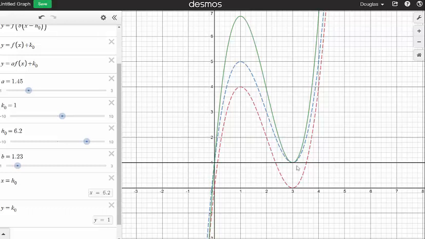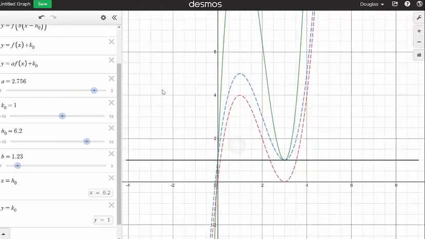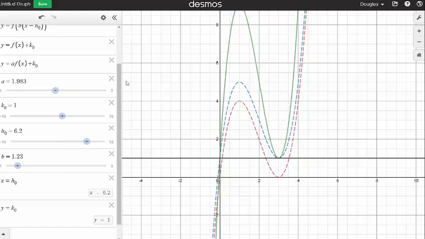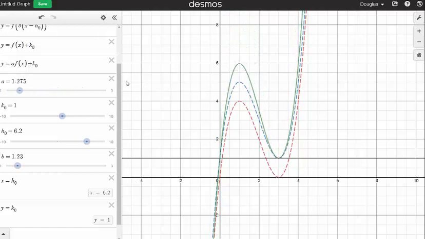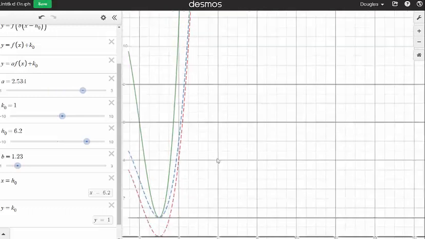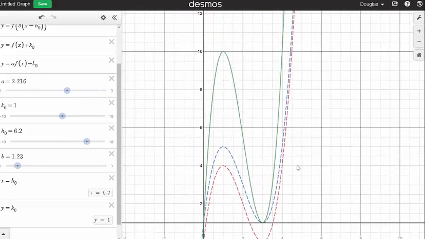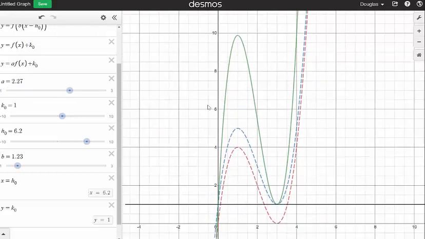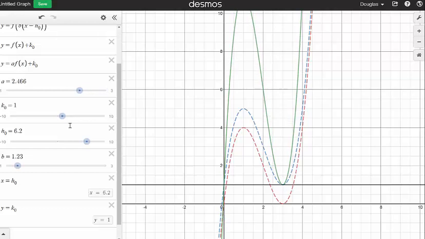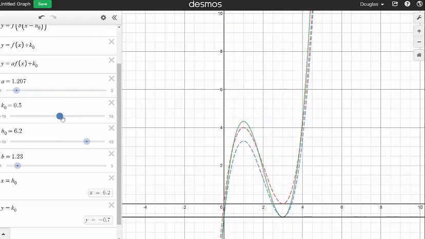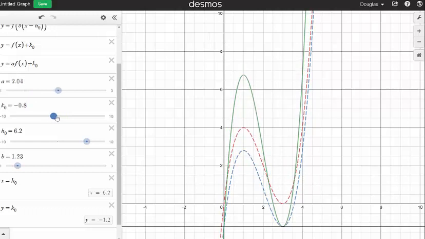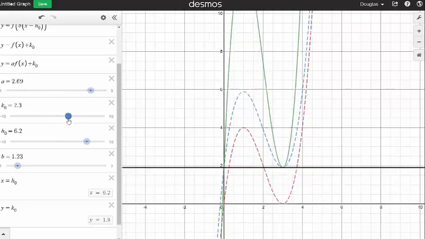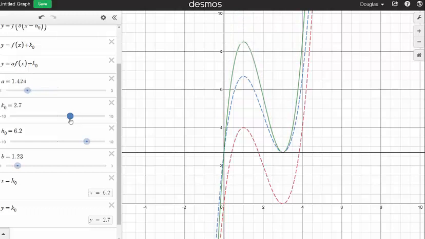It's being stretched based off of this new axis we've created for it. No matter what happens, it's always going off of that axis. Note I've restricted a to be between 1 and 3, but we didn't have to do that. That was just for aesthetics. And as we move k along, it doesn't matter. It's always being stretched based off of that new axis that we've drawn.